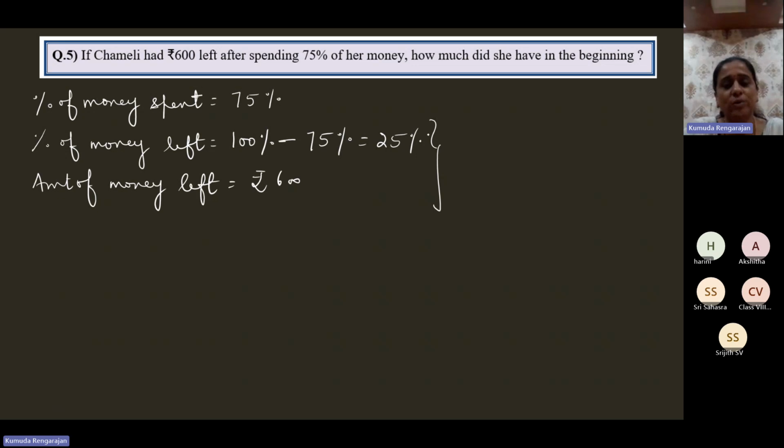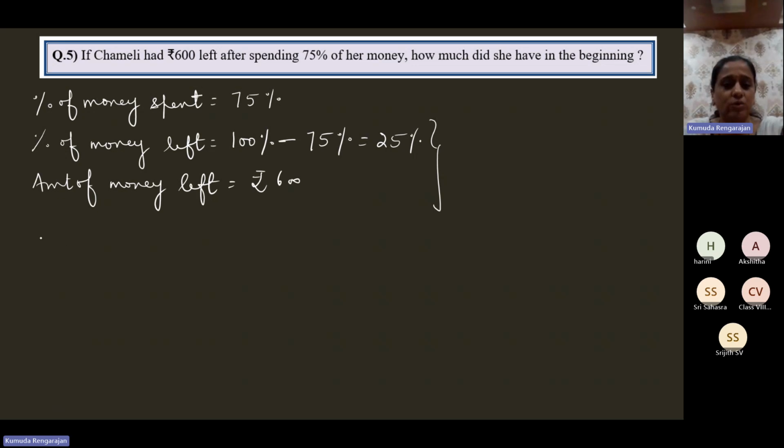Percentage of money left, 25%. Amount of money left, 600 rupees. So these two are relevant information. So you should construct the equation always using relevant information.